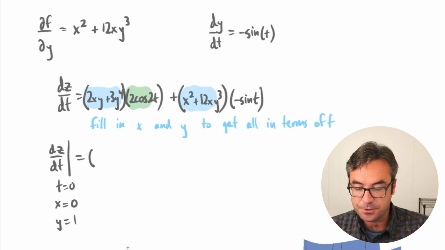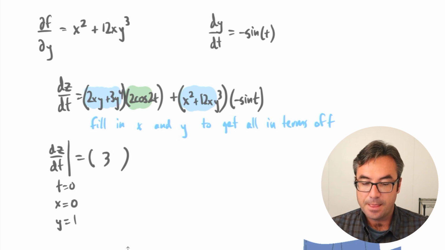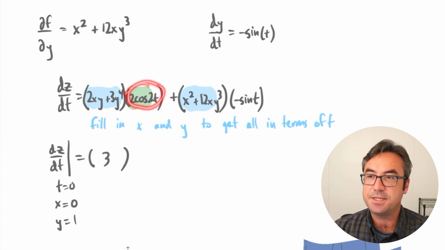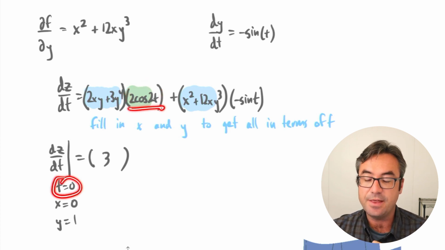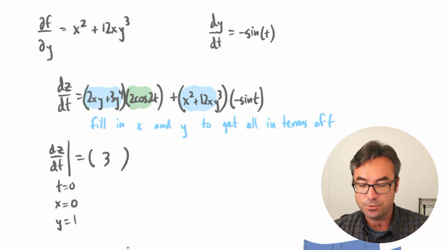For this first part, we're going to get 2 times 0 times 1, so that'll be 0, and then plus 3 times 1 to the 4th. So we're going to get 3. And then for the second piece here, 2 cosine of 2t, well, we're plugging t equals 0 into that, and we get 2 times cosine of 0, which is 1, so we end up with a 2.